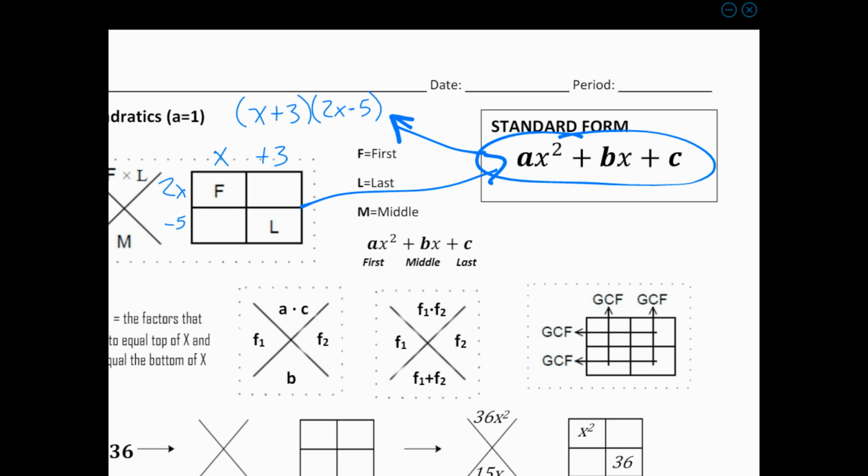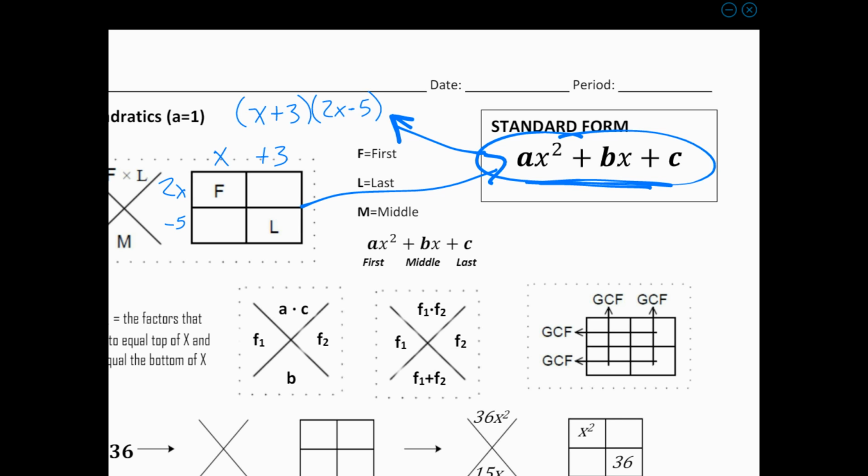And we talked yesterday about factored form being rewriting it in a state of multiplication. So you're rewriting it. It's the exact same thing. One is just called the factored form and one is called the simplified form. The simplified form looks like this in standard form, no parentheses.